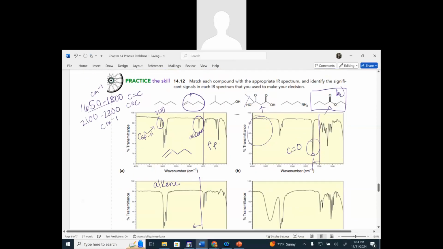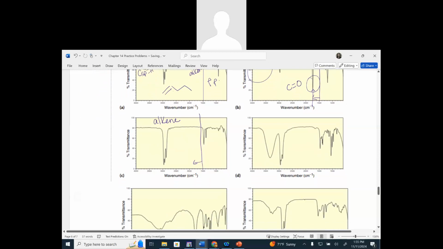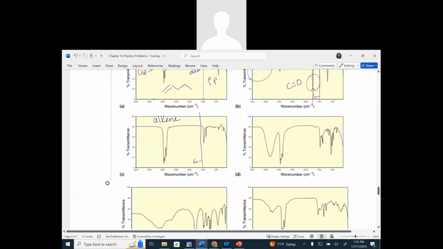The only one of our options that's an alkane is that first structure shown. So we would expect this one here to look like this. So this would be our structure, an alkane, no double bond, our compound C.